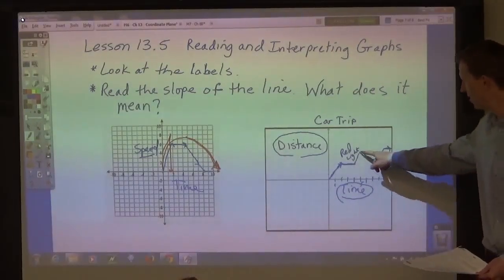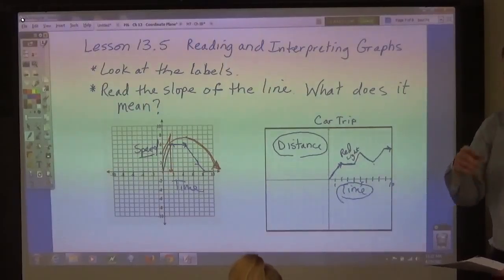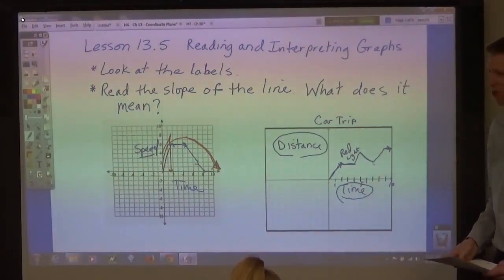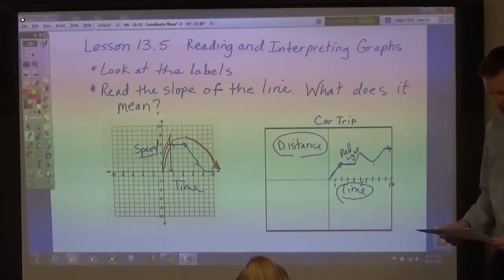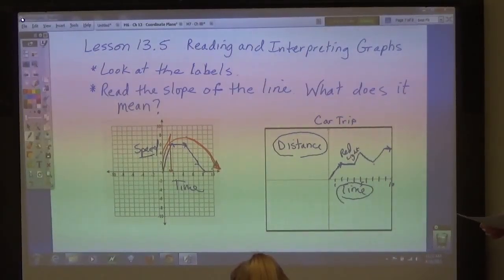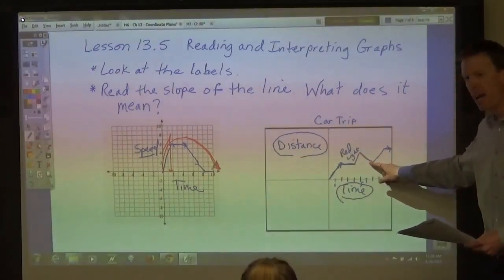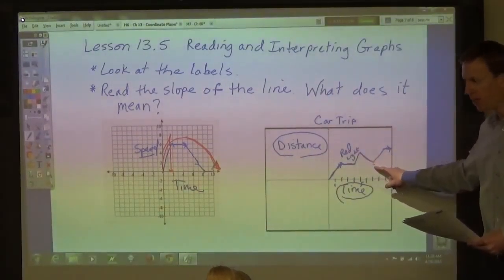I guess the line going down could be the car moving backward, but it's more likely a turnaround or a detour, like we said before, right? And then describe how to draw a segment that shows a return trip with no stops. Just one line, a negative slope, so it's going down to 0.